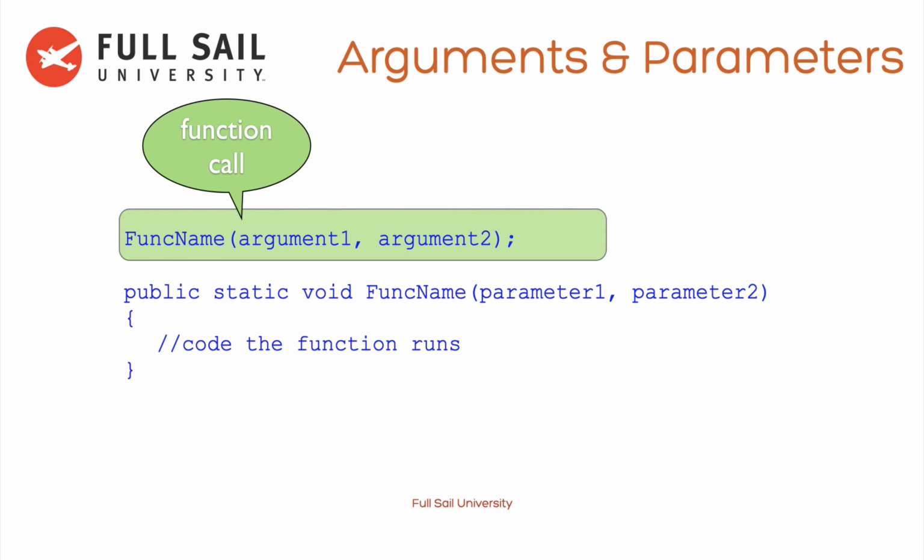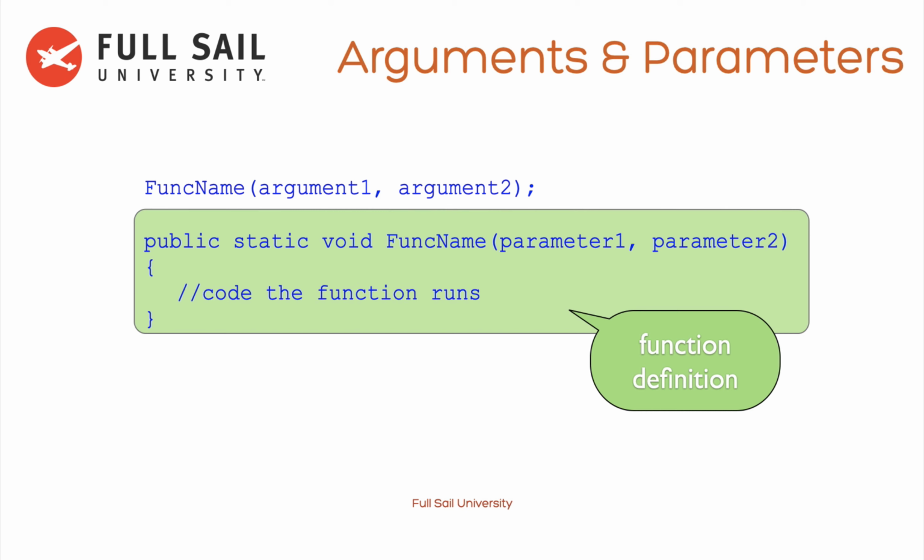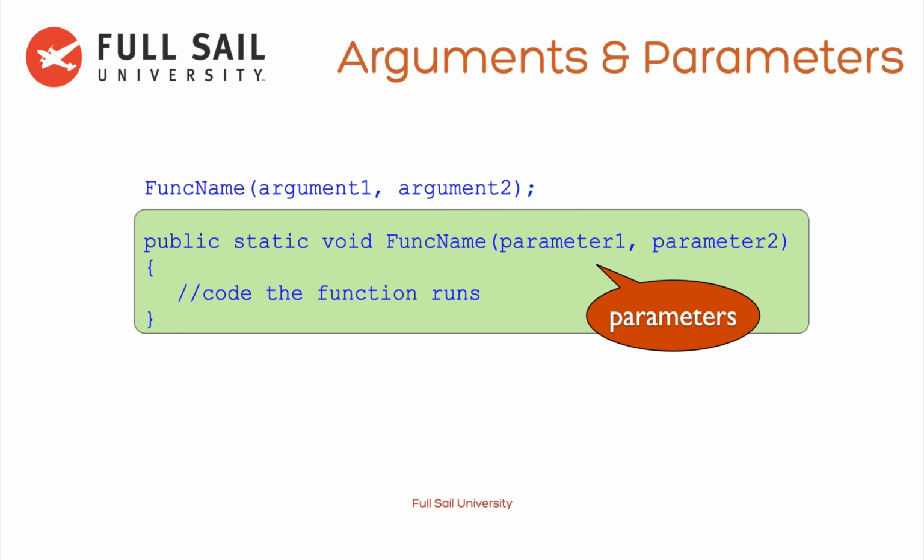Now, when we actually have our function definition, when we set up our function, inside of our open and closing parentheses we have our parameters, and we also separate them by commas. The only difference is the parameters, we actually have to give a data type to as well. So if they're integers, we have to put int. If they're strings, we have to put string, and so on.